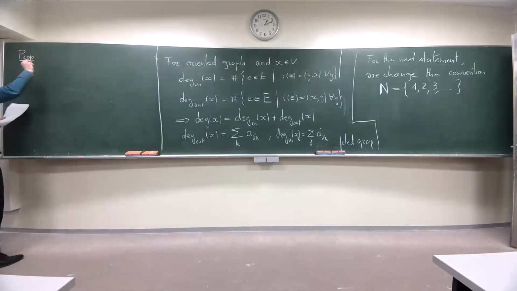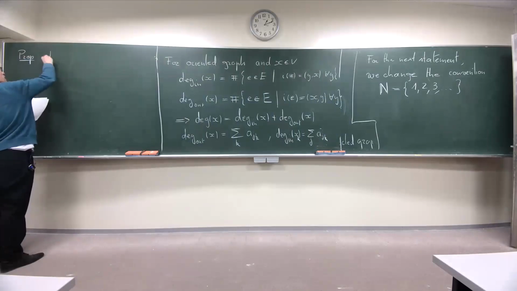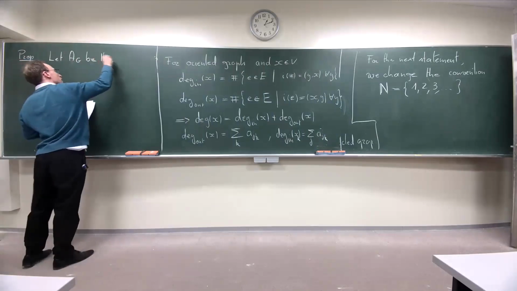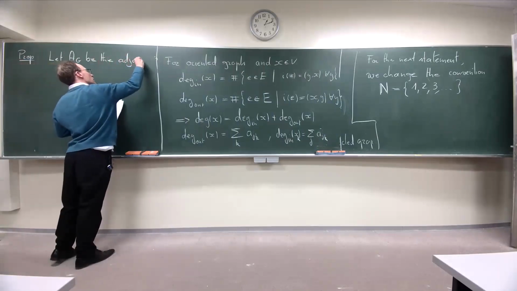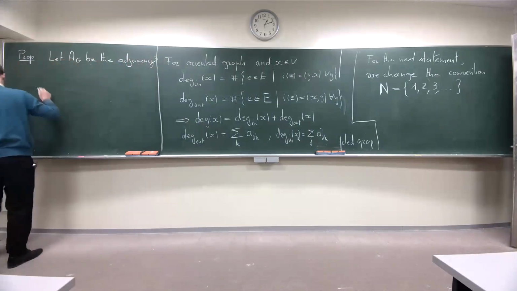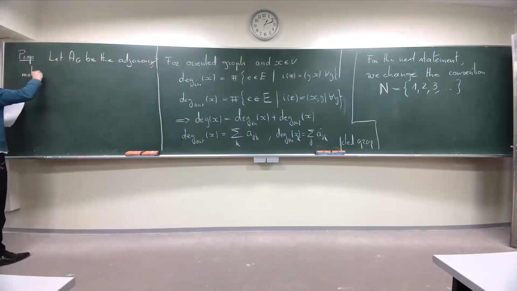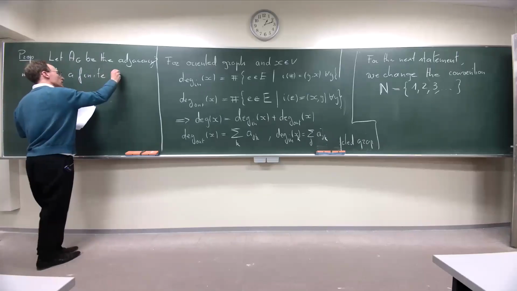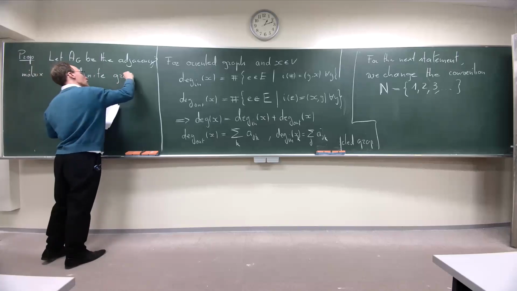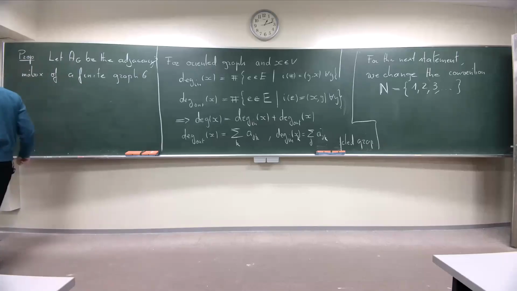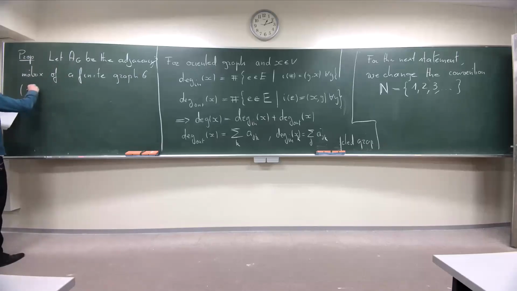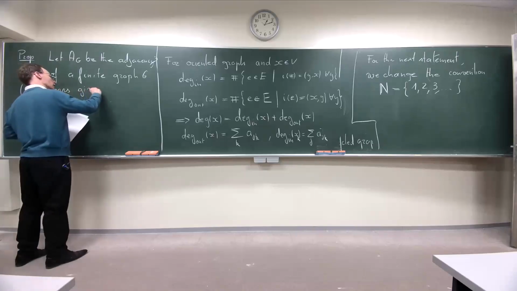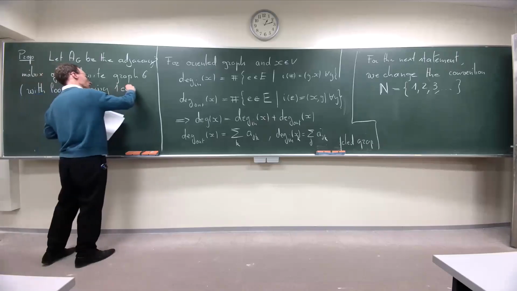Proposition. It's a very nice statement. Let A be the adjacency matrix of a finite graph. It can be oriented or not, with loops giving one contribution.